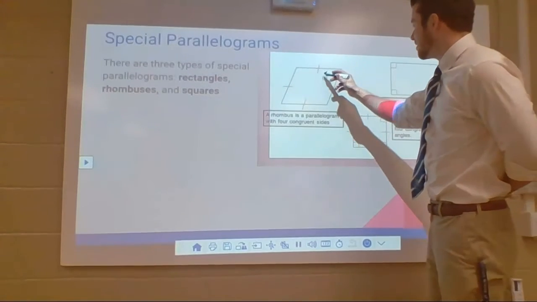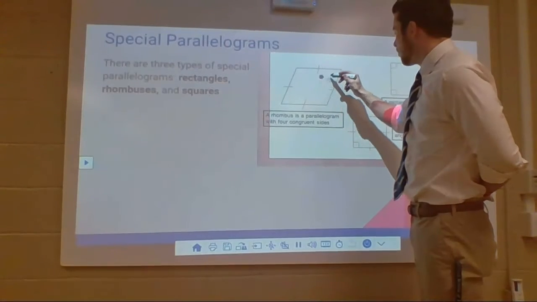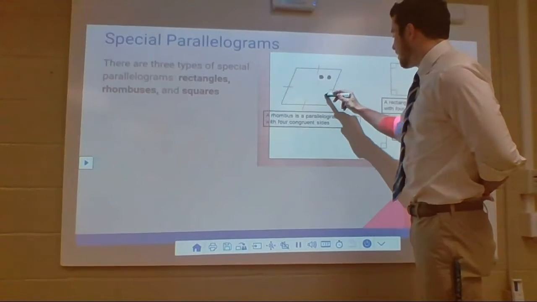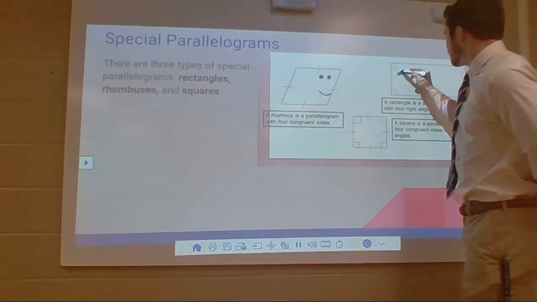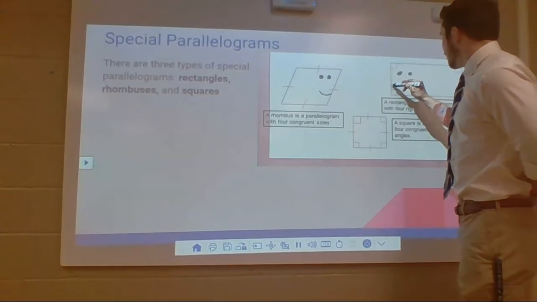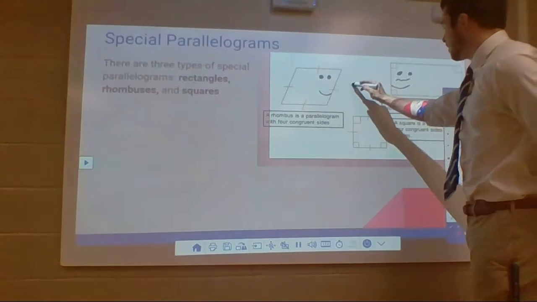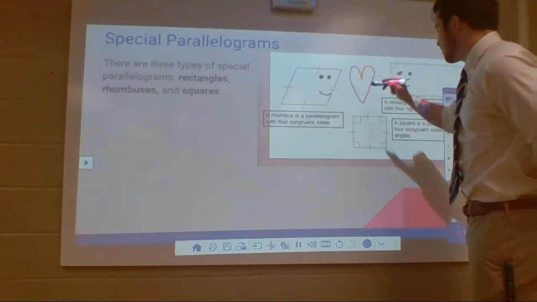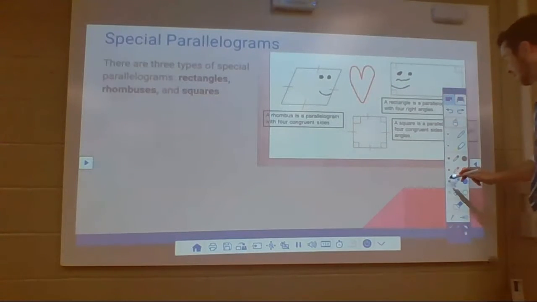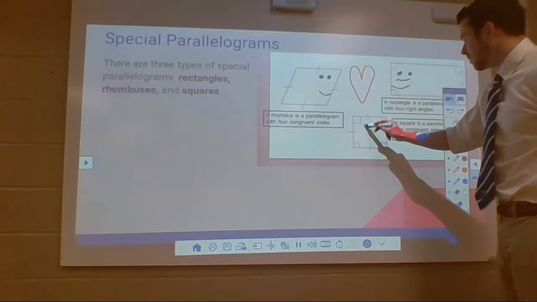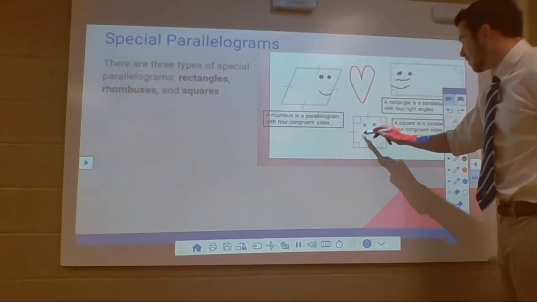This is going to be silly, but let's say we have a mommy rhombus and a daddy rectangle. You know, they've fallen in love. A beautiful thing happens when they fall in love and they make baby square.